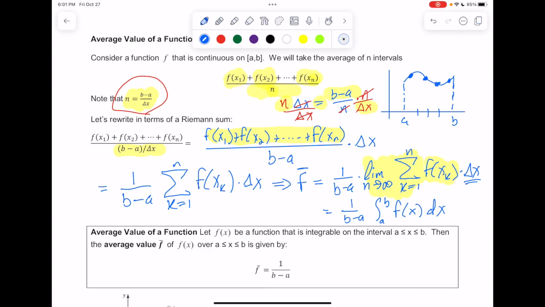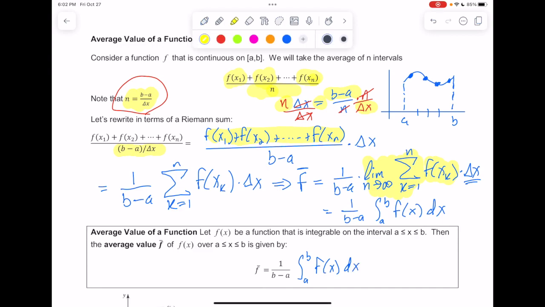So the average value of a function: let f of x be a function that is integrable on the interval from a to b. Then the average value f bar of f of x over the interval from a to b is given by f bar equals 1 over b minus a times the definite integral from a to b of f of x with respect to x.